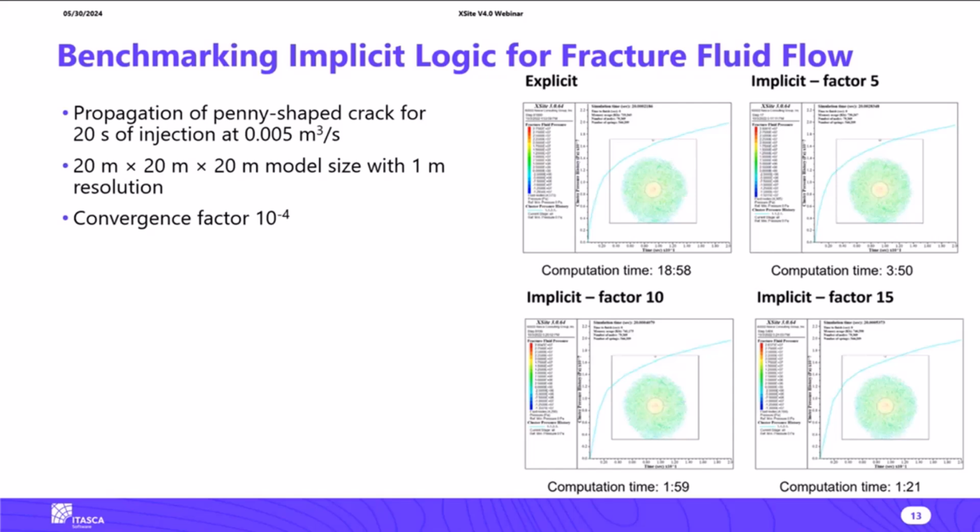The explicit logic is not unconditionally stable, so that means you have to calculate the critical time step. With the implicit logic, a user just needs to specify the time step multiplier, and that multiplier is applied on the critical time step of the explicit logic.